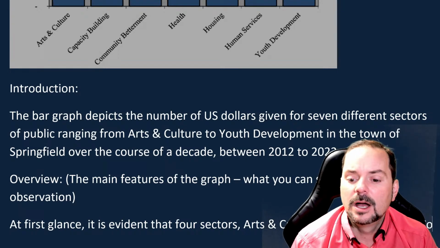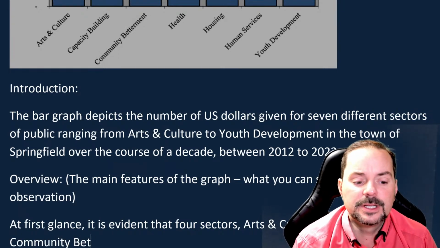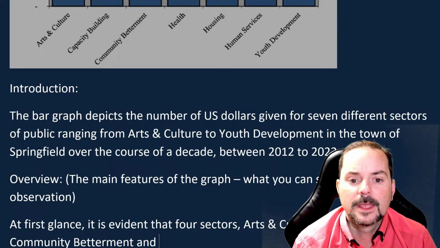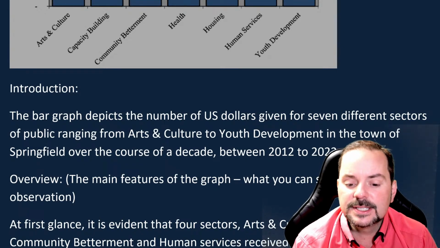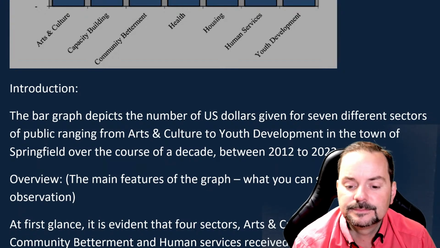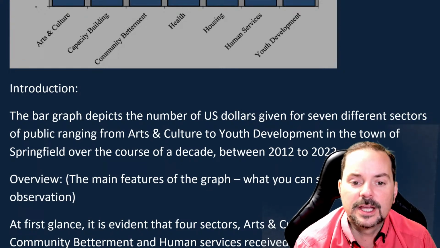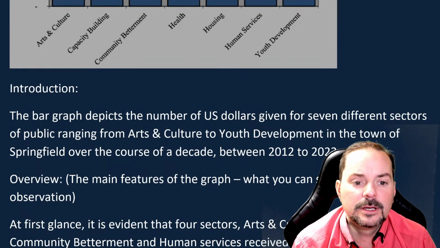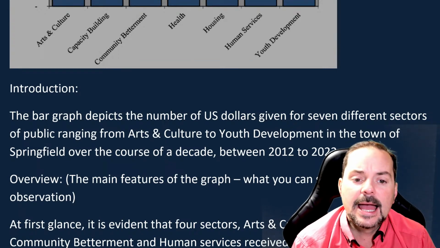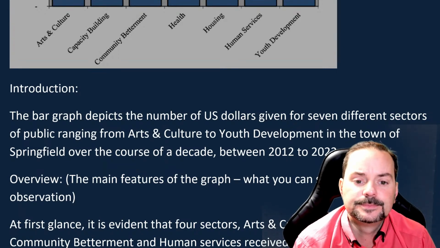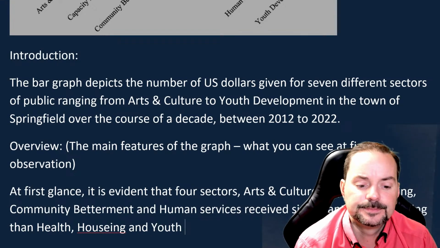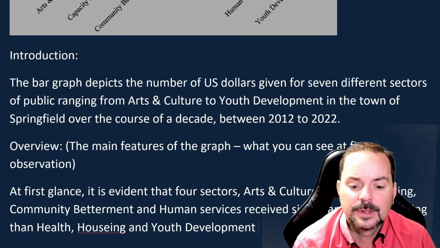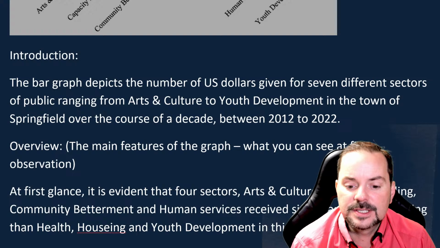Capacity building, community betterment, and human services received significantly more funding than health, housing, and youth development in this decade.